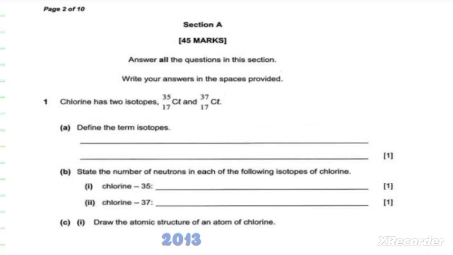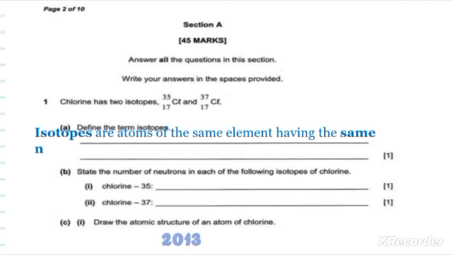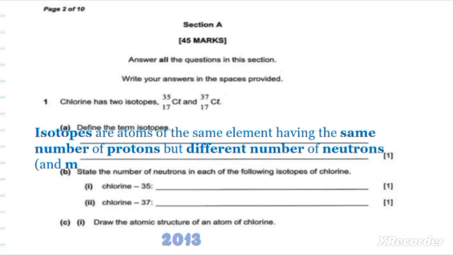So we said isotopes are atoms of the same element having the same number of protons but different number of neutrons, or we can say different mass number. Okay, so as we can see, we have successfully managed to define isotopes, and the question is carrying 1 mark.